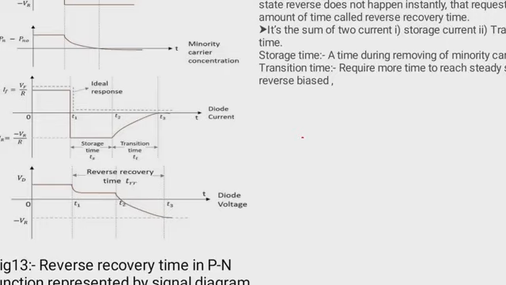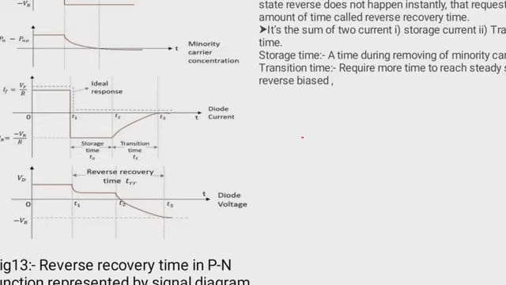So the time required for the diode to go from steady state forward to steady state reverse is the sum of two times, the storage time TS and the transition time TT.